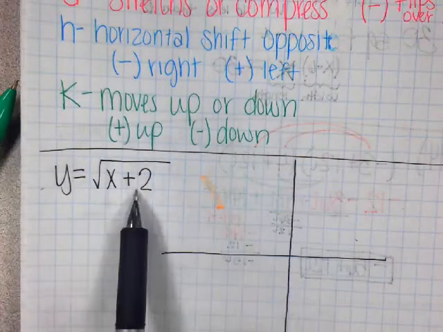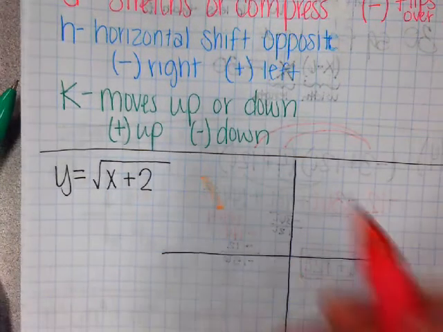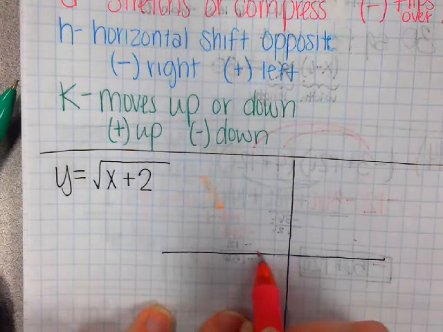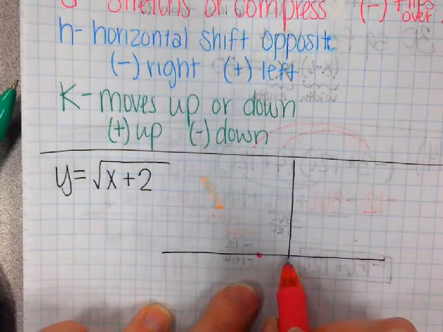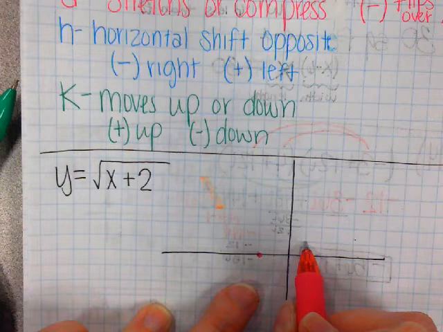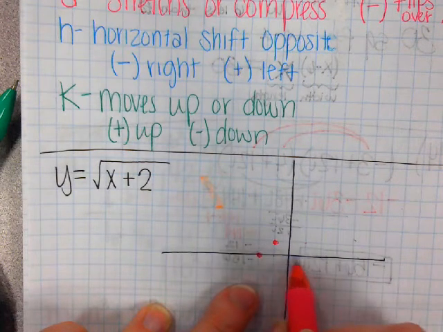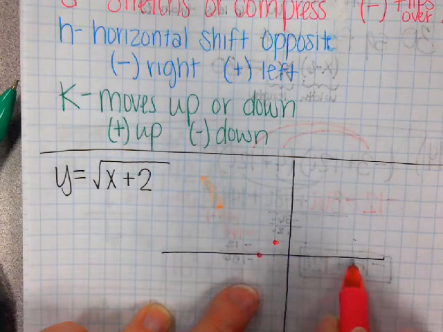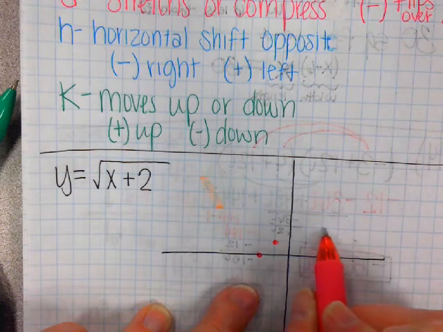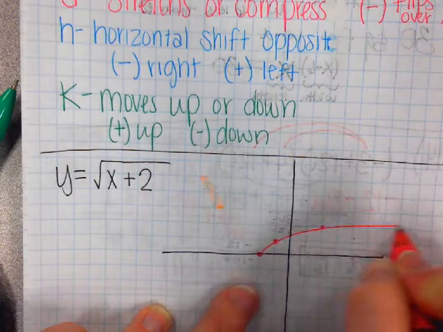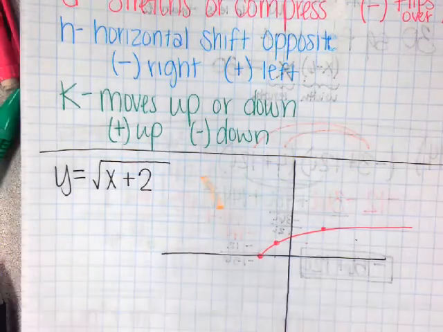So if you take those 3 points and just shift them all left 2, so 0, 0 shifts left 2, 1, 1 shifts left 2, and 4, 2 shifts left 2. So that's what my shifted would look like.